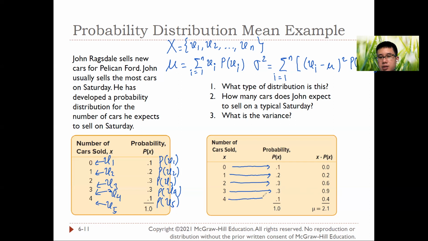And the last, 4 times 0.1, and our multiplication is 0.4 like this. And then don't forget to sum up all of them, and then we can get the value of mu is 2.1.